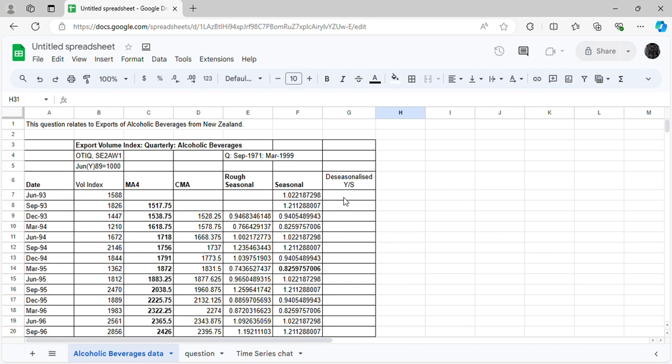So we deseasonalize to have a smooth graph. So let's find all these values. So observed value divided by seasonal values. And let's do the same for the other cells.